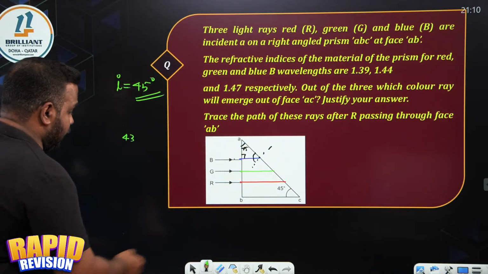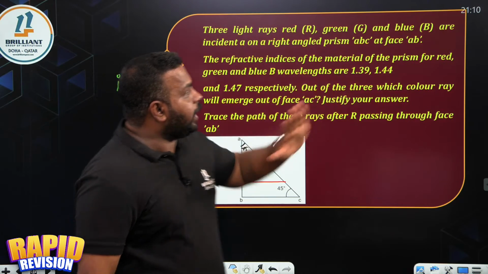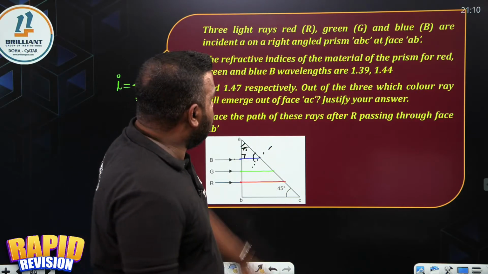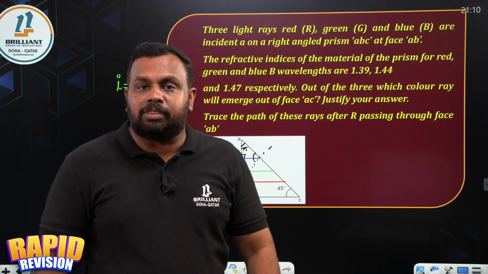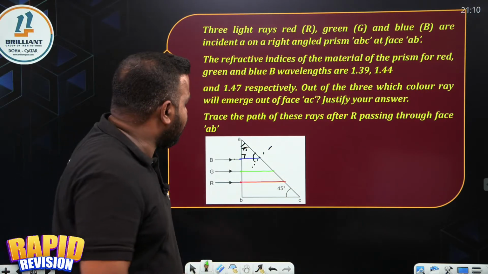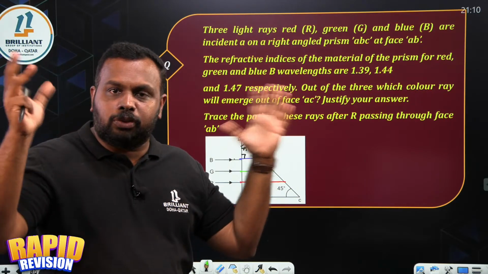But how can we find that? We have refractive index with us. 1.39, 1.44, 1.47 are the refractive index for the different colors. Let us take our angle of incidence as 45 degree, right?